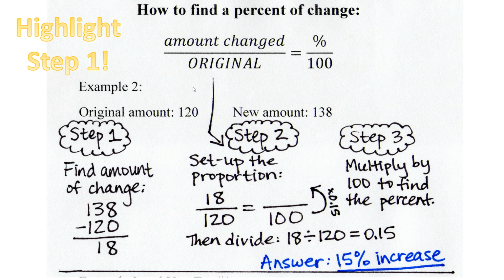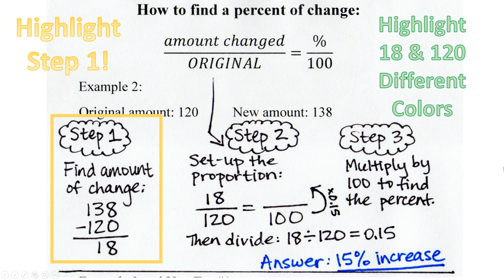So on the inside left of the notes, you have another pre-done example. I would like you to highlight step 1. Step 1 is finding the amount that these numbers have changed by. So in this case, it's 18. 138 minus 120 is 18. And then I'm recommending you highlight 18 and 120 different colors. So whatever color you used for step 1, I would highlight the 18.